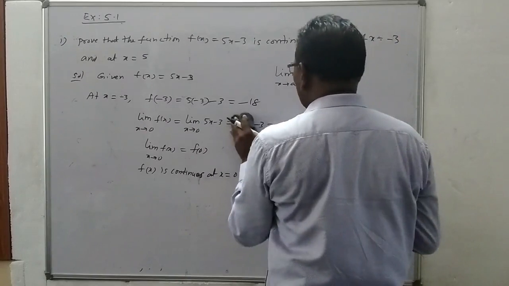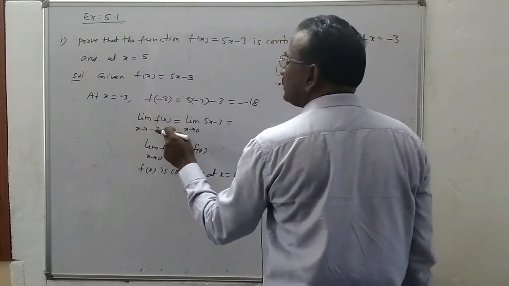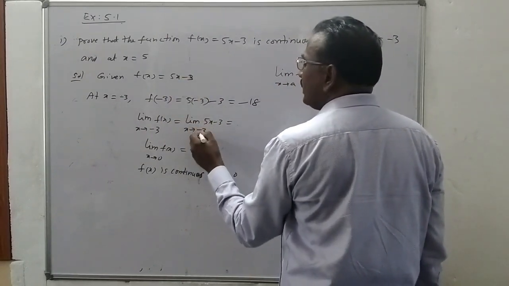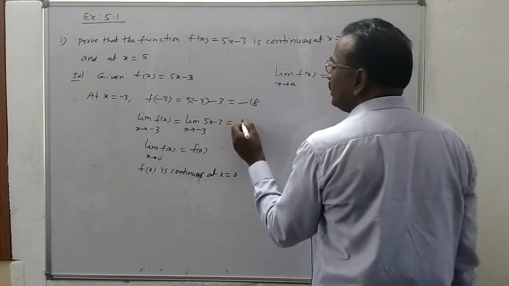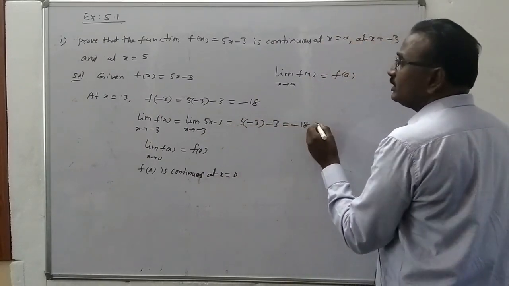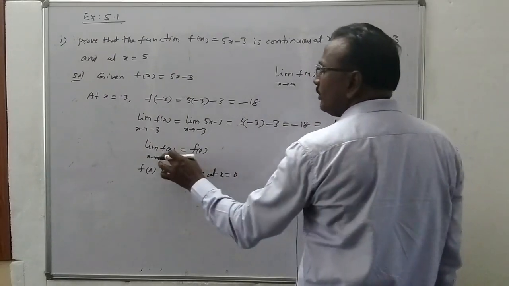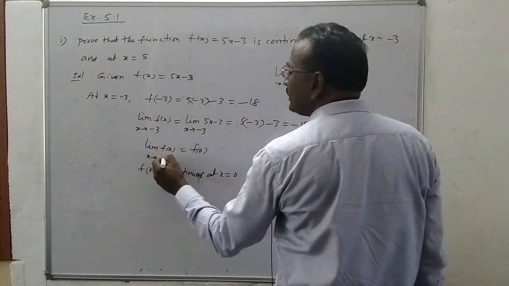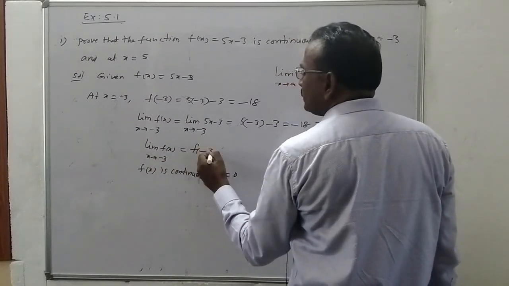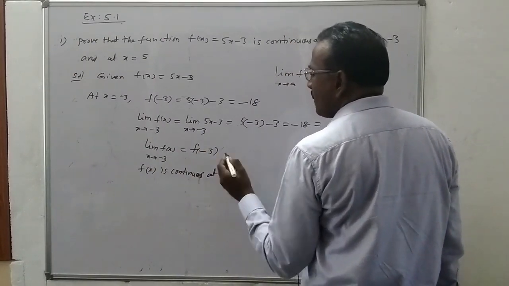So what is the limit of the function? The limit as x tends to minus 3 of 5x minus 3: directly substituting x is equal to minus 3, 5 into minus 3 minus 3 is also minus 18. This is exactly the same as f of minus 3. Therefore the limit of f of x as x tends to minus 3 is equal to f of minus 3, so the function f of x is continuous at x is equal to minus 3.